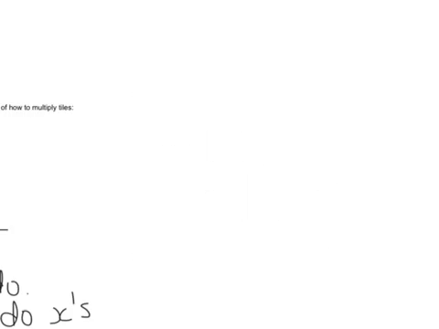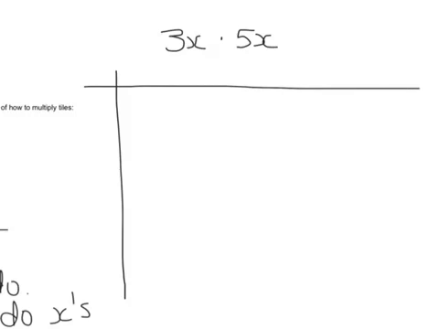I do want to try one more example with you. I want you to multiply 3x times 5x. So what does that look like? So the first thing we need to do is create a chart.